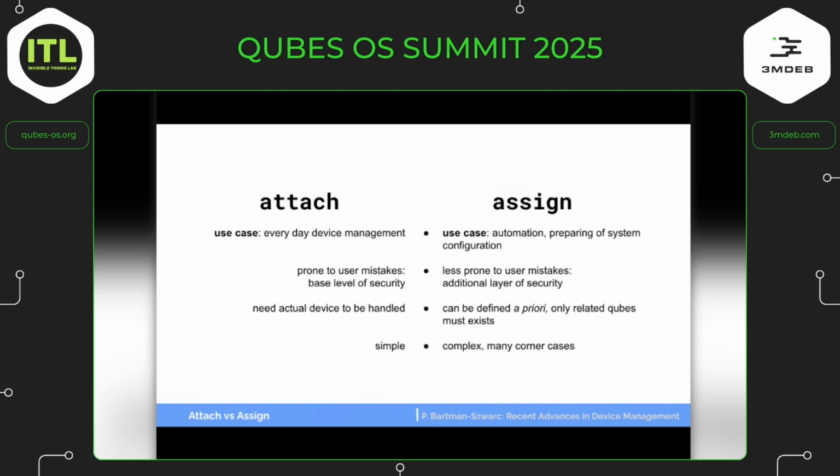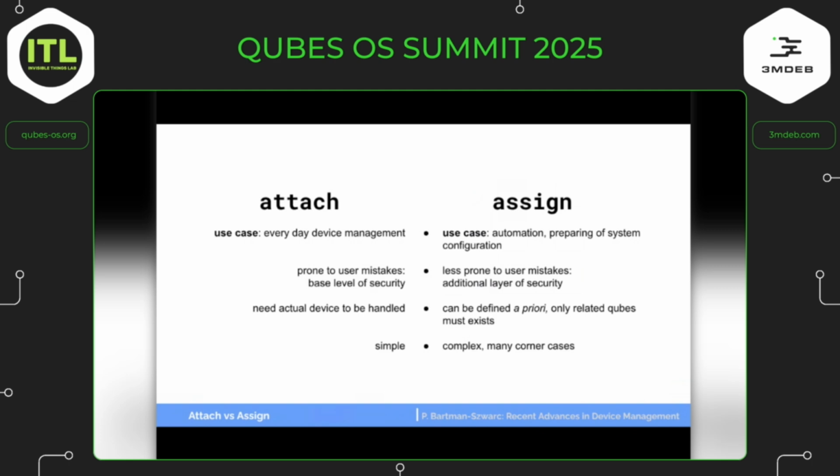On the other hand, assignment is intended for automation and pre-configuration of the system. It's less prone to mistakes because everything is checked and done automatically, and once you configure the setup, everything happens automatically.